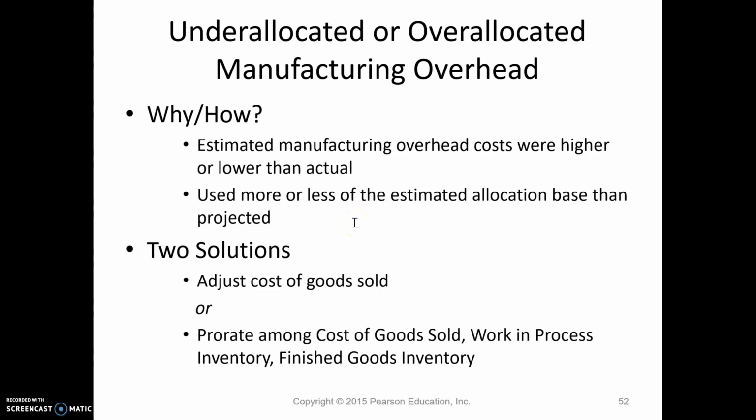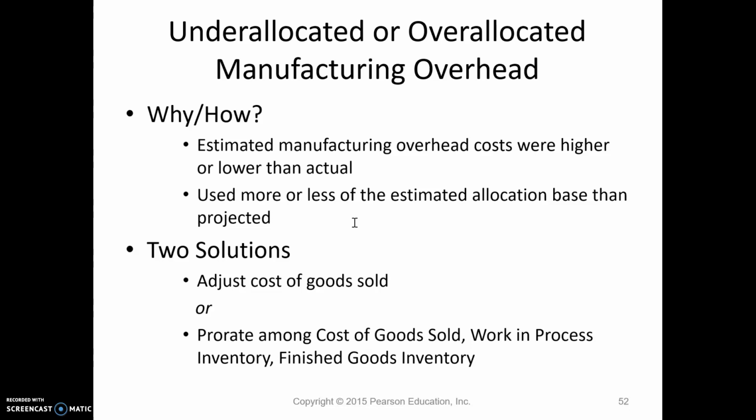So with the amount that's either underallocated or overallocated, we're going to have to either adjust cost of goods sold for the difference, or we could adjust cost of goods sold, work in process inventory, and finished goods inventory. That would be the more precise way, because that's where the manufacturing overhead would end up being at the end of the period.